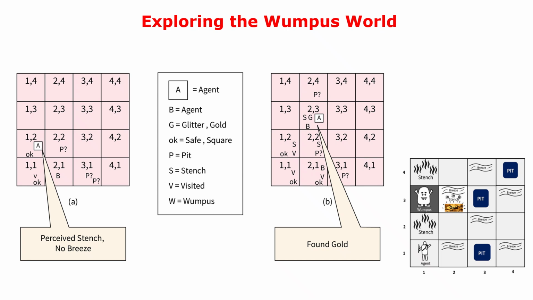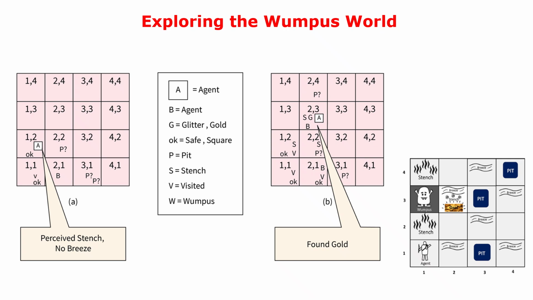So if you assume 2 comma 2 has a pit, or surely 2 comma 2 is empty, then there is a chance that 3 comma 1 or 1 comma 3 has the Wumpus.